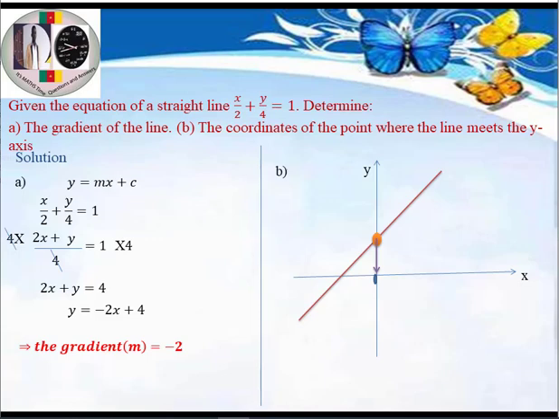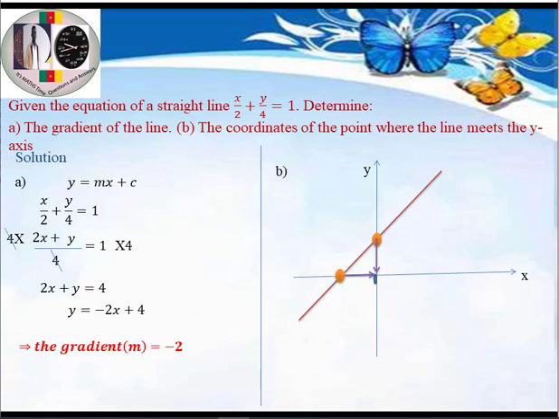So we will then conclude that at any particular point a straight line meets the y-axis, the x value is 0. Also, if the line is to meet the x-axis, then the y value will be 0 at that point.